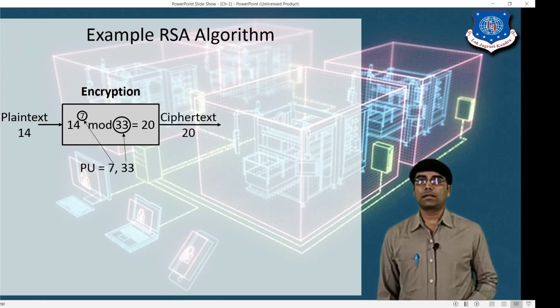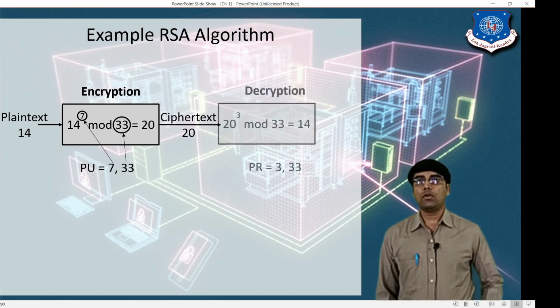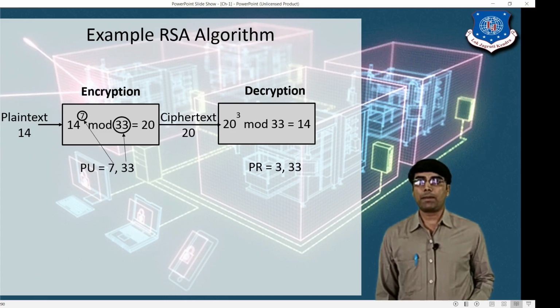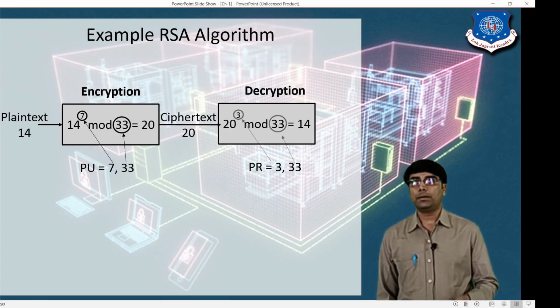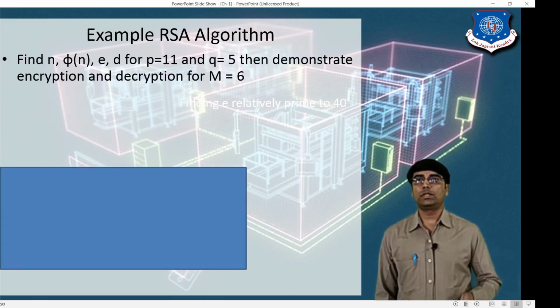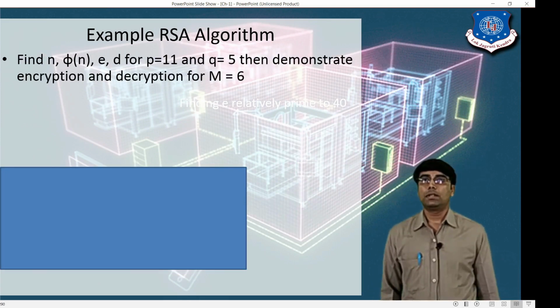Now you will get the ciphertext. Now again, the receiver side, Bob, applies the decryption with the private key. So now 20 raised to 3 mod 33 equal to 14. So here PR is 3 and N is 33. So this is the example of this.